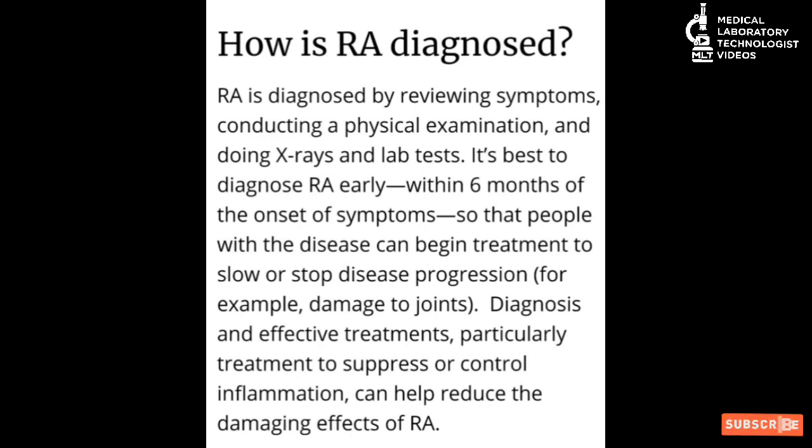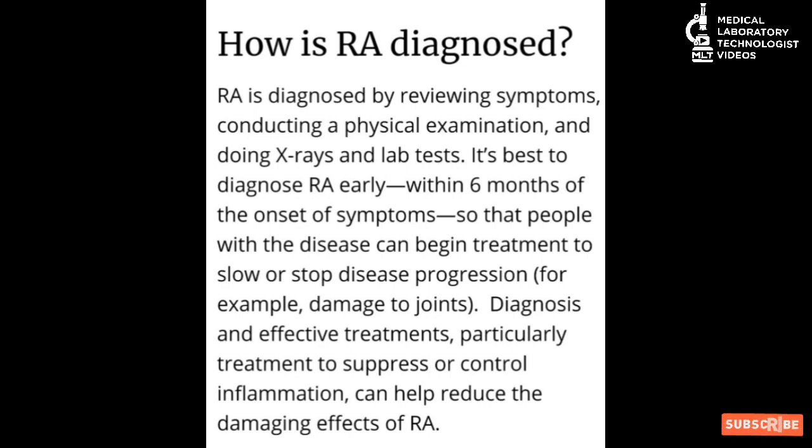Nowadays we are doing qualitative and quantitative methods. The quantitative method is best to check rheumatoid arthritis, and it is best to diagnose rheumatoid arthritis as early as possible, especially within 6 months of the onset of symptoms. Onset means development or appearance of symptoms, so that people with the disease can begin treatment to slow or stop the disease progression.